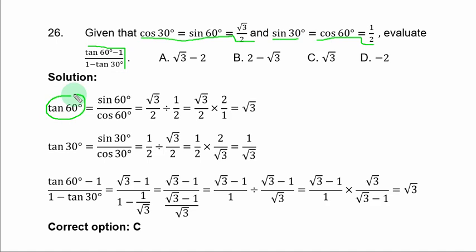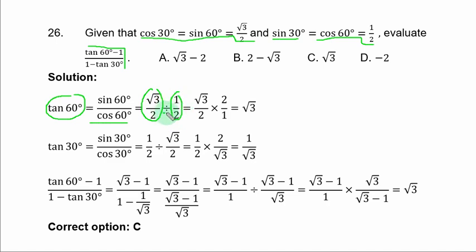So tan 60 degrees is equal to sine 60 degrees over cos 60 degrees. From the question, this is the value of sine 60. Now, because both values are fractional, let's use the division sign, root 3/2 divided by 1/2.